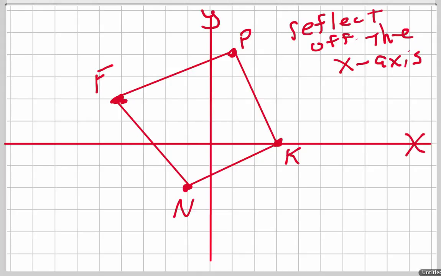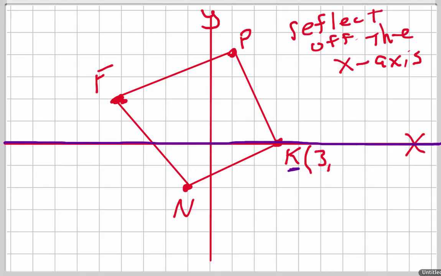But picture this x-axis like a mirror. So if it's above the x-axis, it should reflect below the x-axis the same distance away. If you look at point K right here, it's on the x-axis. I'm going to write point K's coordinates.